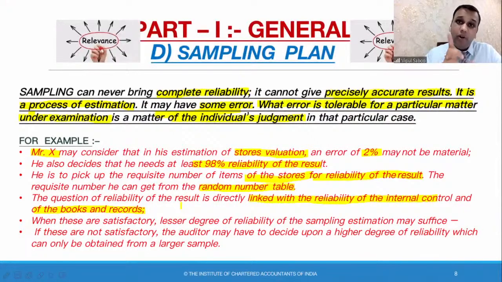But if I found any deficiency in the controls or the books and records, my sample size would increase. I'll choose more items and apply my audit procedures on those items to see if the valuation of any of the items exceeds the error range of my tolerable error.